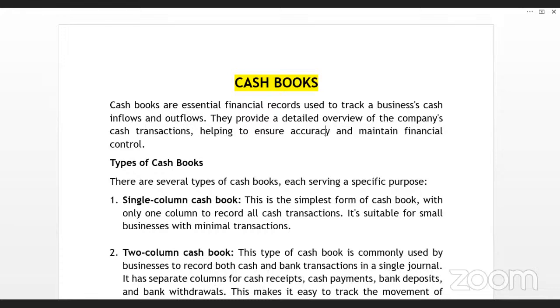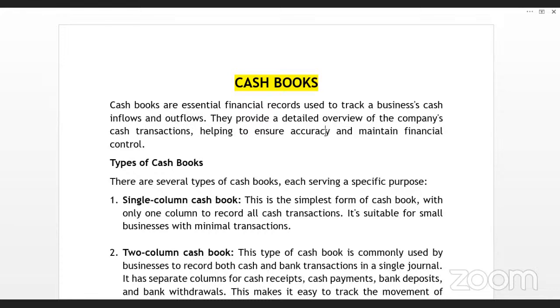These cash books are essential financial records that we use to track the business's cash inflows and cash outflows. The cash book records the cash we receive and the cash that is paid out.